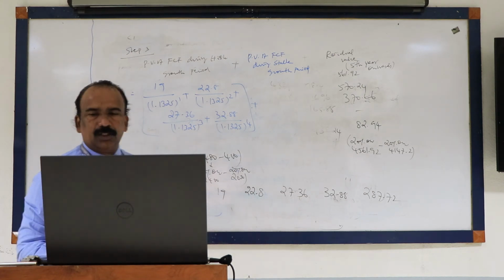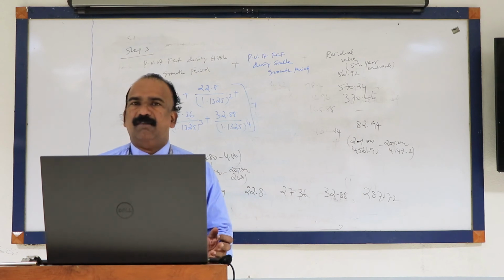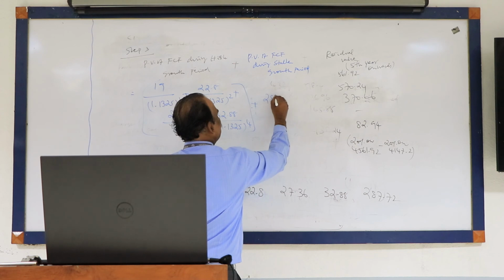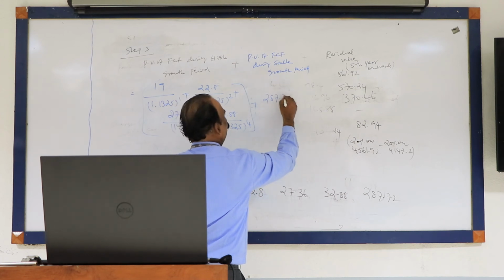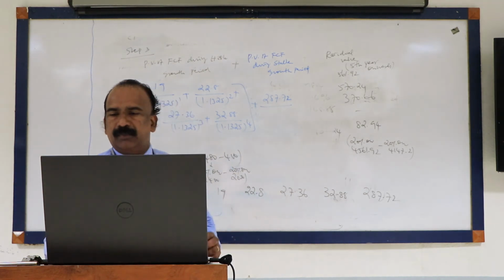The second stage, you'll have to calculate the residual value, that's what we call continuing value. So how do you get that? 287.72 divided by WACC minus g.